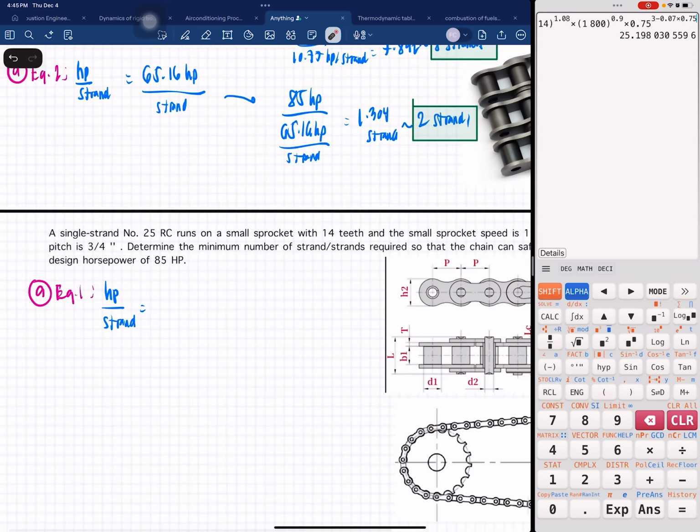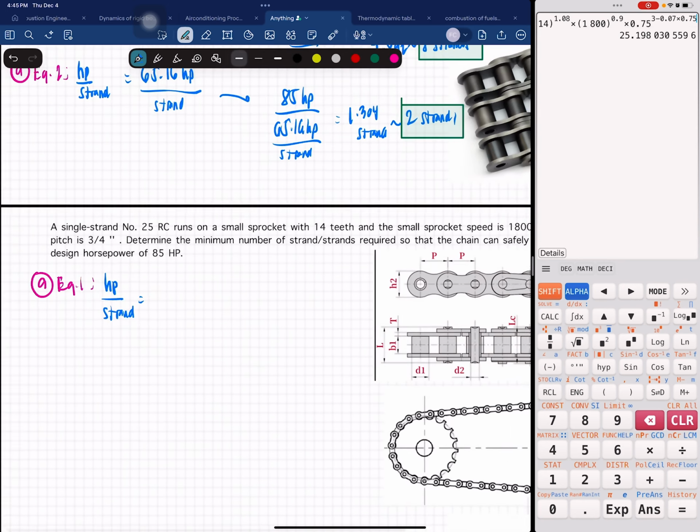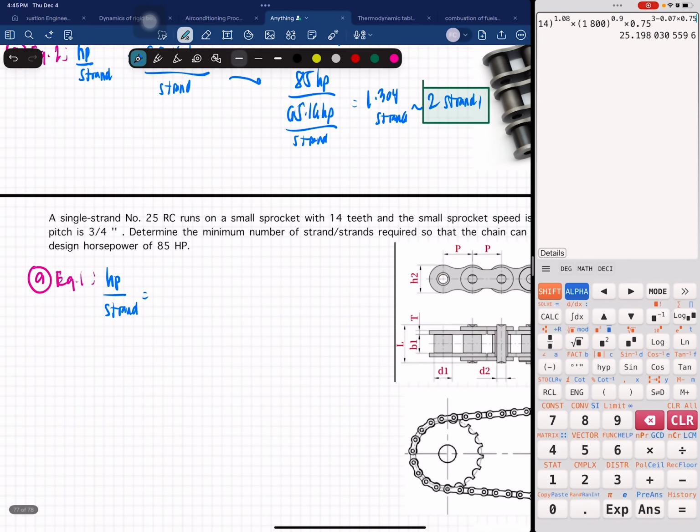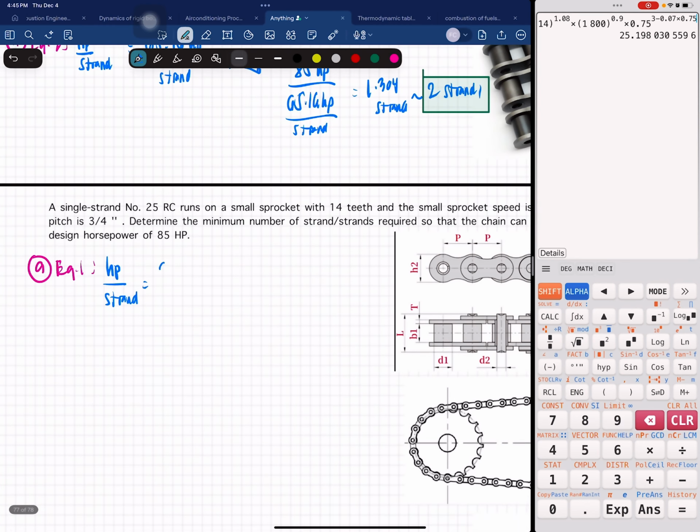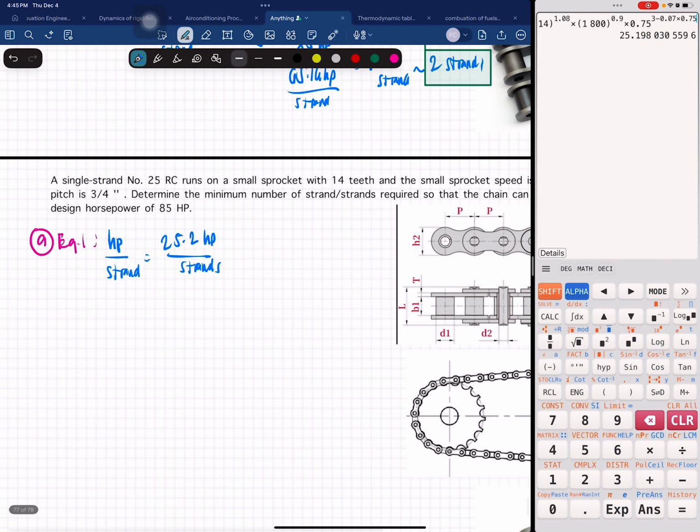So the rated power has now been adjusted to 25.2 HP per strand.